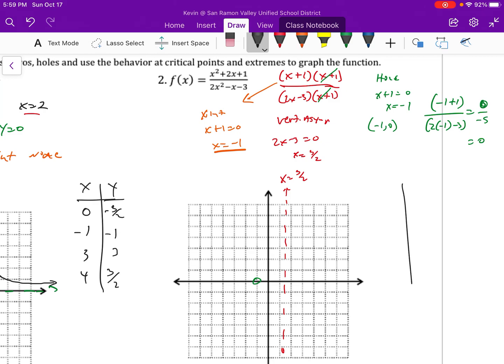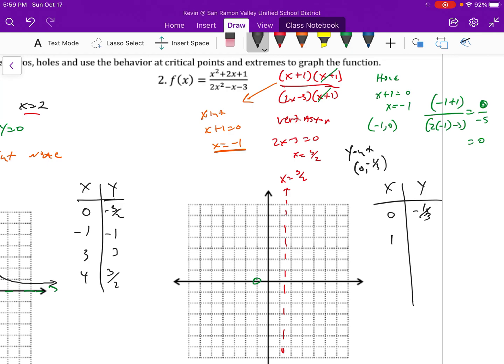And again, we've got to put some values in here, x and y. I want to do, again, values on each side of my vertical asymptote. So 0, -1/3. That's also my y-intercept, 0 and -1/3.